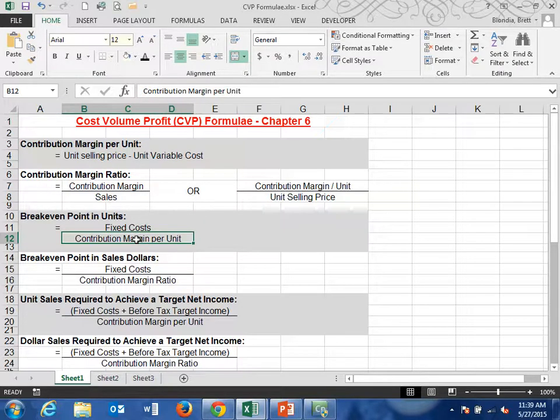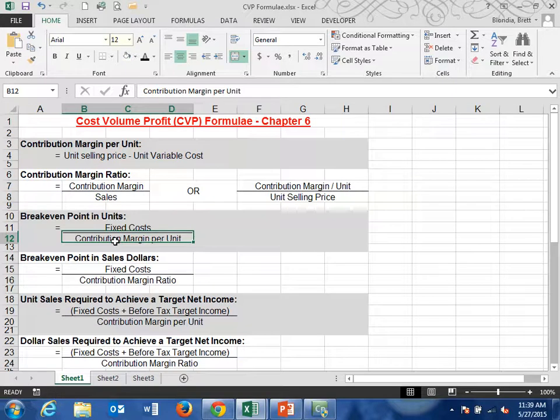When you use this formula sheet, the best way to practice is, every time you're asked to calculate a ratio or something from this sheet, write the formula out. So if I was asked to calculate the break-even point in units, I would say BE point in units equals fixed costs divided by contribution margin per unit.